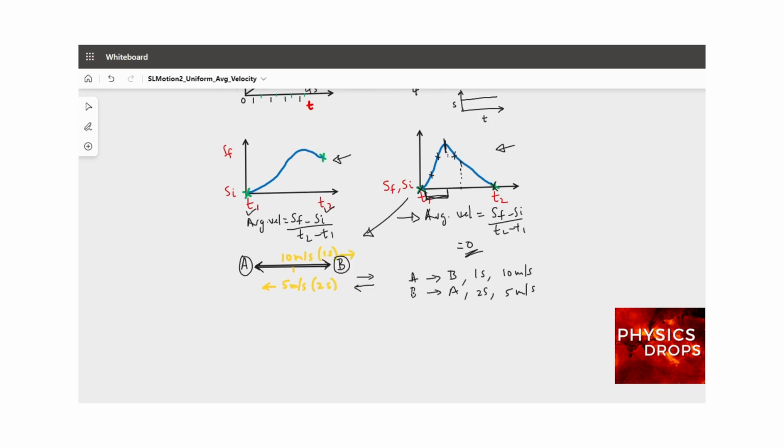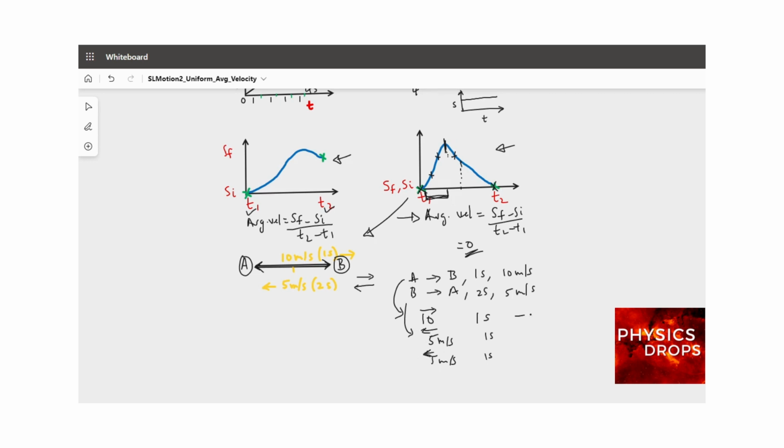If you look at it from A to B, the velocity is 10 meters per second in this direction. If you call this a vector velocity, it's 10 meters per second in this direction for 1 second. Then when it comes from B to A, the velocity is 5 meters per second in this direction for 1 second, and again 5 meters per second for the next second, as shown by this arrow.